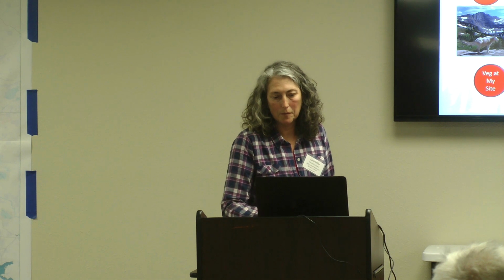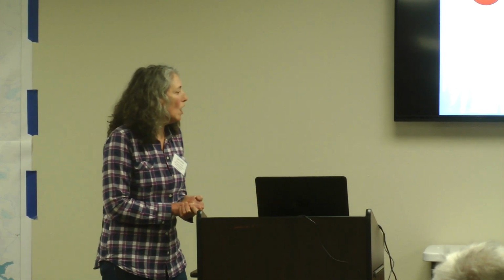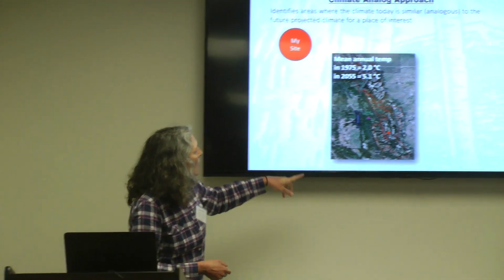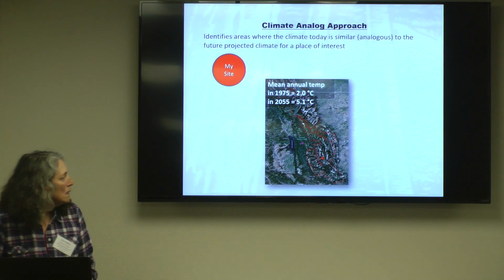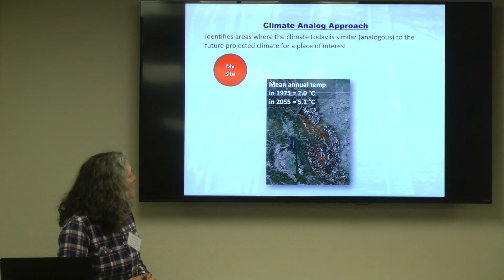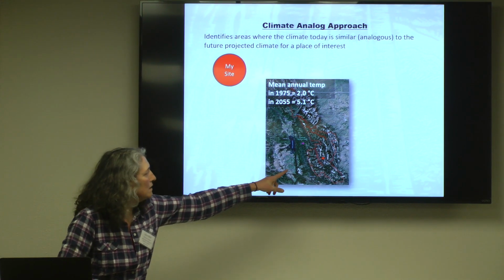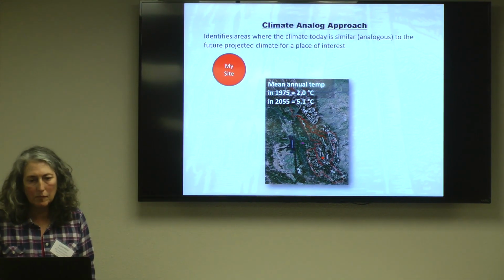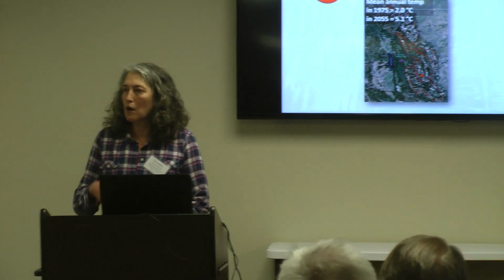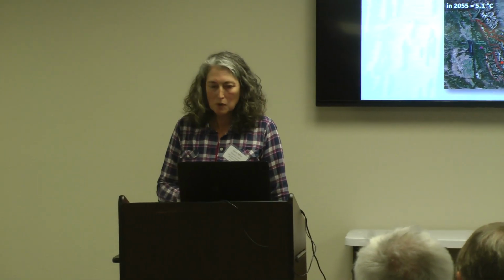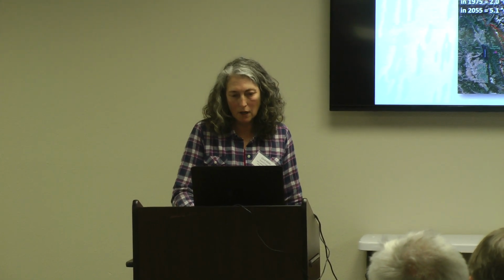So I'll step through an example of doing this on the landscape of focus for this workshop. The red outline is the Crown of the Continent ecosystem. And this red dot in the bottom third of that graphic is around White River Pass. So that's my site.